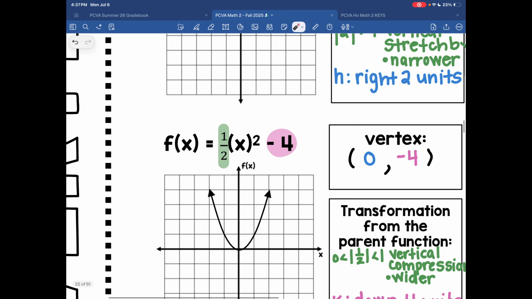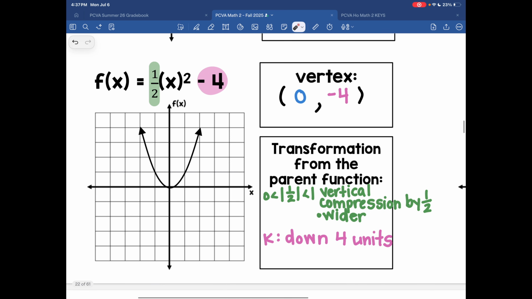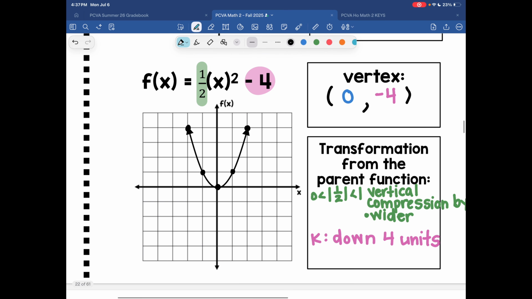In this particular situation, the absolute value of 1/2 is less than 1 but greater than 0, so it's going to be a vertical compression this time. If it's a vertical compression, that means the graph is going to look wider. So just like before, I have my vertex and I have the points here. This time I'm going to multiply the y values by 1/2, and I'm going to do the A value first.